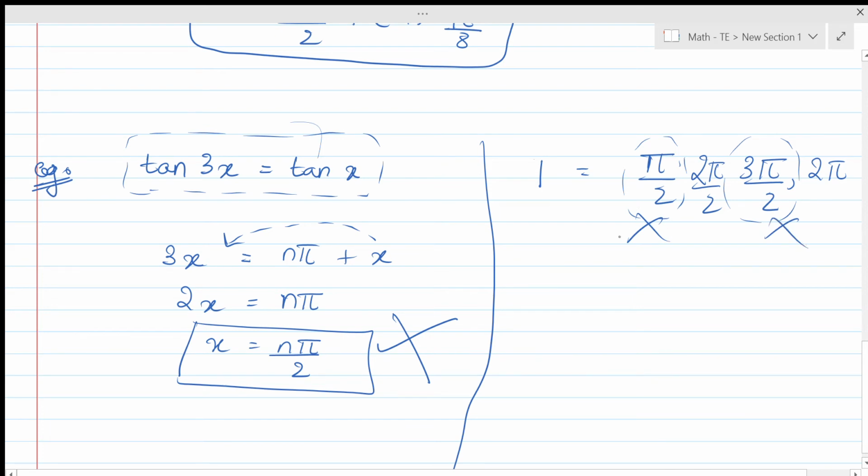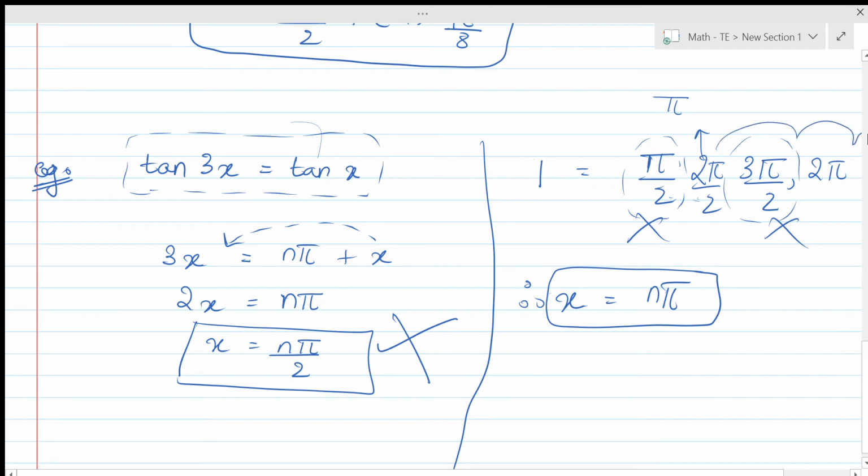It appears to approach infinity. Therefore, you can write this simply as n pi. So the general solution will just be n pi: pi, 2 pi, 3 pi, 4 pi, 5 pi, it goes on. This 2 won't be there, because pi by 2 is not defined, it goes to infinity. So that's the mistake.